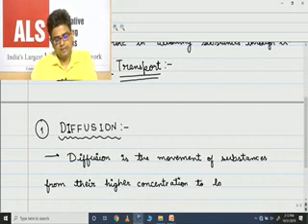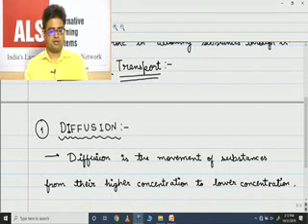Okay, it is the movement of substances from their higher concentration to lower concentration.